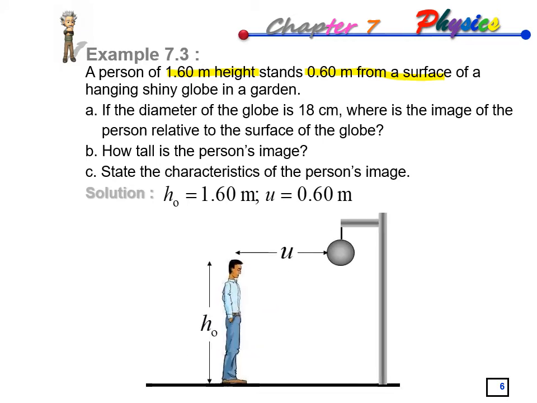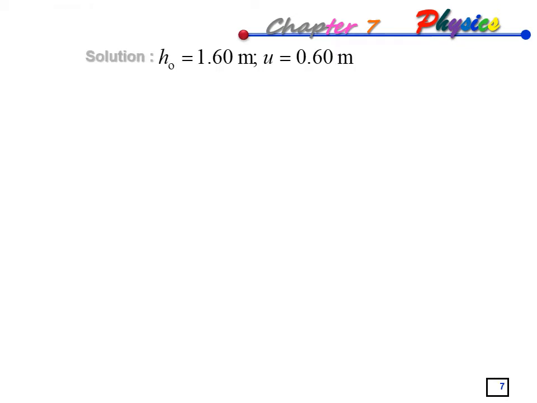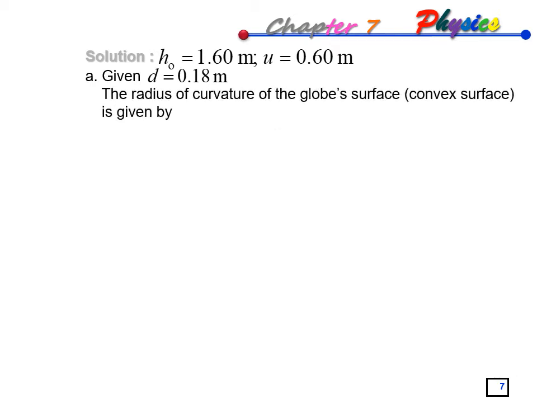To simplify, we can just sketch a simple diagram. Here we have a globe, so that means it will be a convex reflector, a diverging reflector. Looking at the question, the diameter is given, so we can determine the radius, which is equivalent to 0.09.